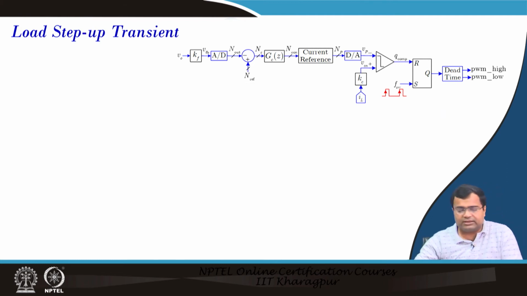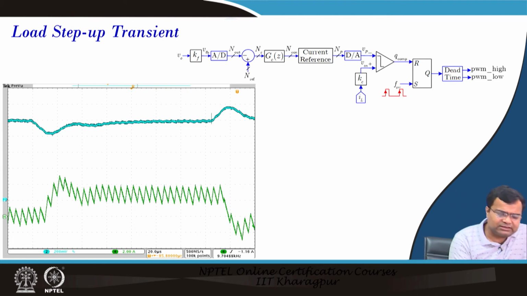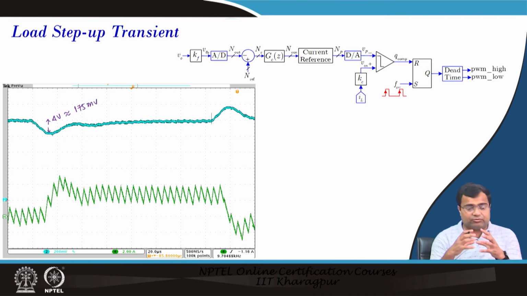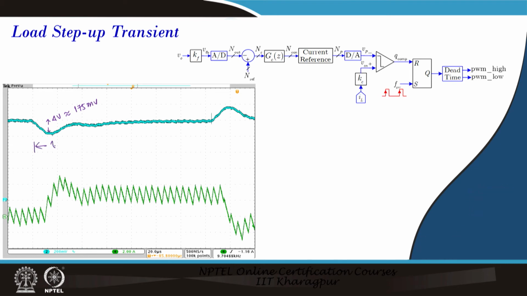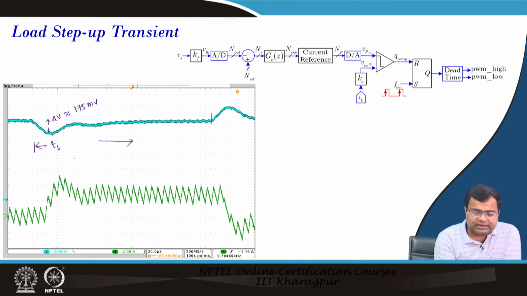You are making a load transient, and if you look at the load transient response, the undershoot is roughly 170 to 180 millivolt, and we get a settling time of around 80 microsecond.